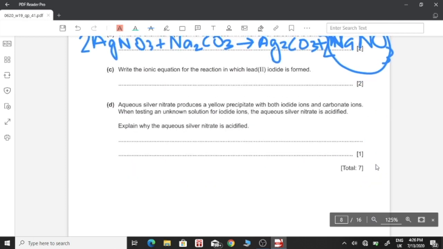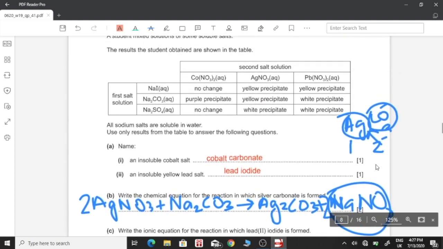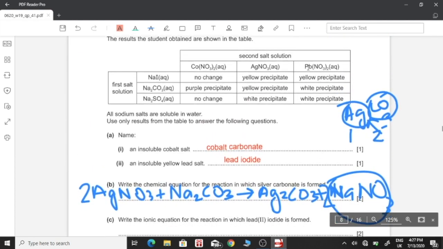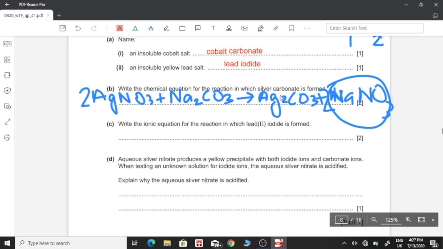Alright, moving on to part C. Write the ionic equation for the reaction in which lead iodide is formed. Okay, so lead iodide forms in this one. So lead nitrate reacts with sodium iodide, and since the result is lead iodide, we're only supposed to write the ions of lead and iodine reacting.